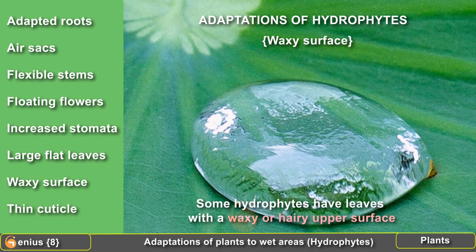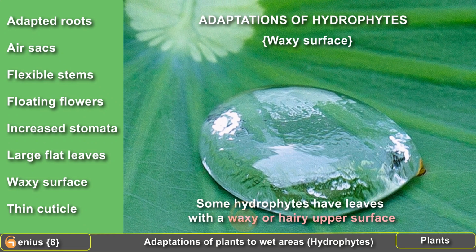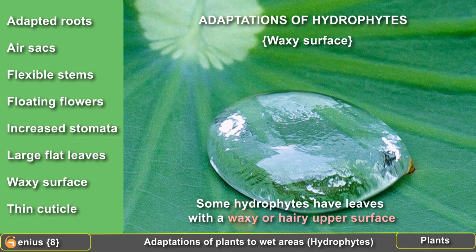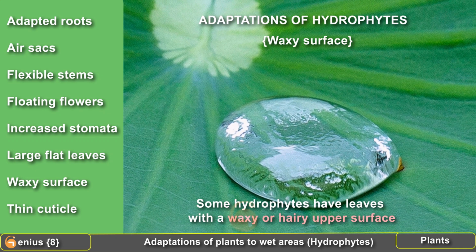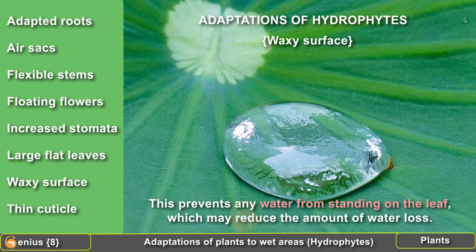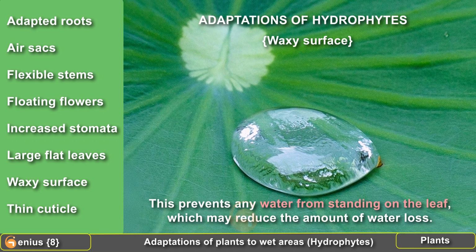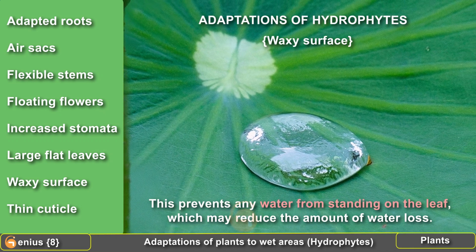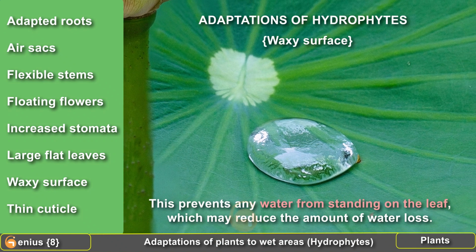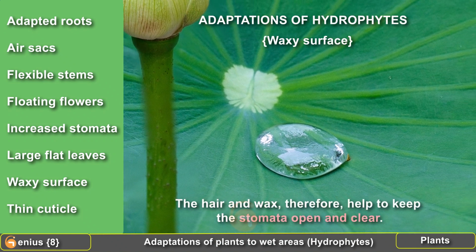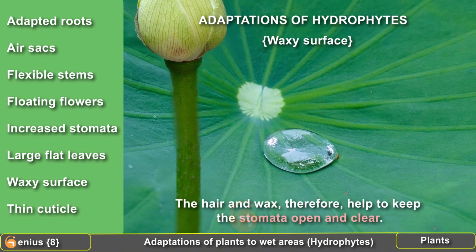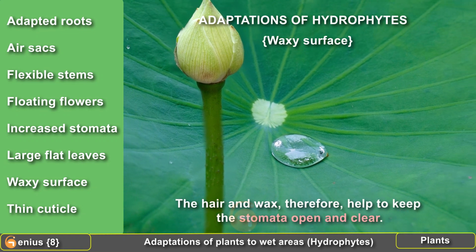Waxy surface. Some hydrophytes have leaves with a waxy or hairy upper surface. This prevents any water from standing on the leaf, which may reduce the amount of water loss. The hair and wax, therefore, help to keep the stomata open and clear.